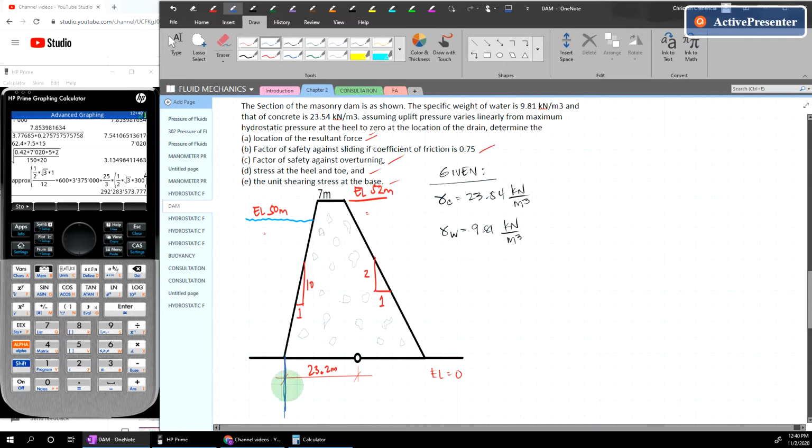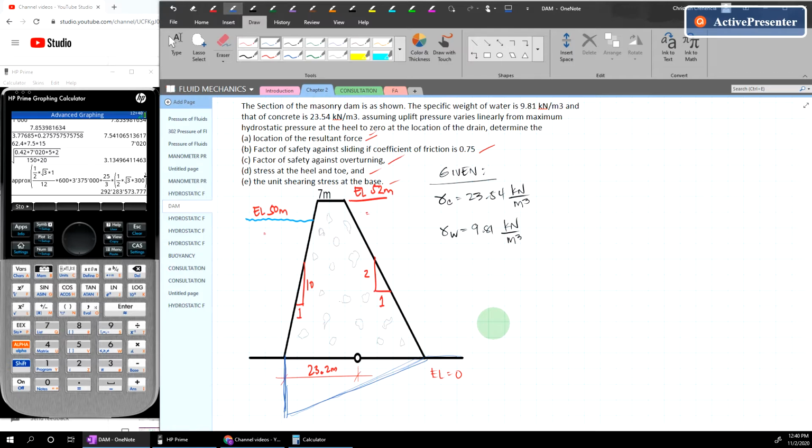Pag sinabi sa problem na maximum at the heel, nagzi-zero tayo dun sa toe kasi nakaka-escape na yung pressure dito sa ground. Unting-unting na-disperse o nare-reduce yung pressure.